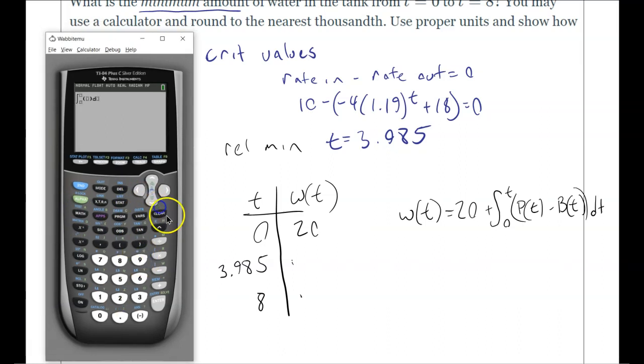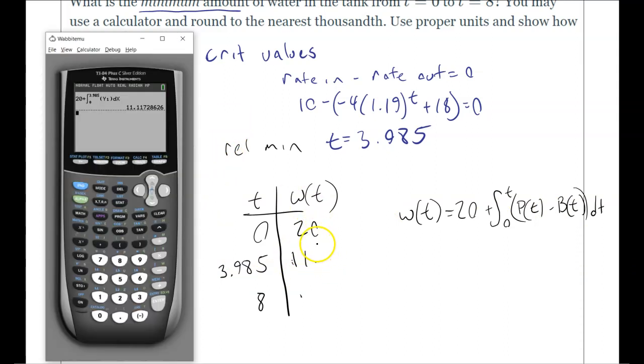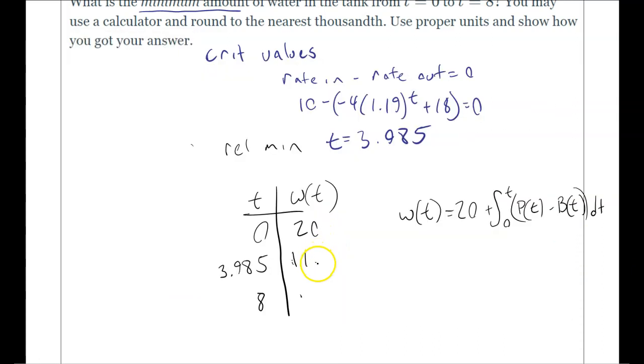And before I do that, I'm going to type in my 20. So 20 plus the integral from 0 to 3.985 it was. And then I already typed in this whole mess, it's my Y1, right? So 11.117 liters, keeping 3 decimal places.